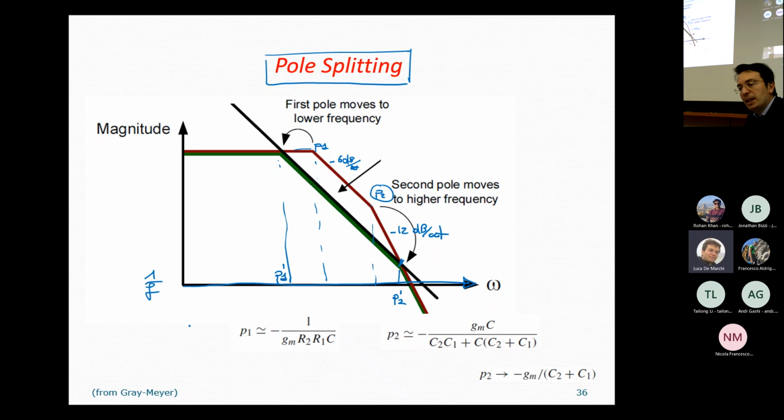So the idea is that to achieve a perfect balancing, we must impose this VSD to be equal to this one.